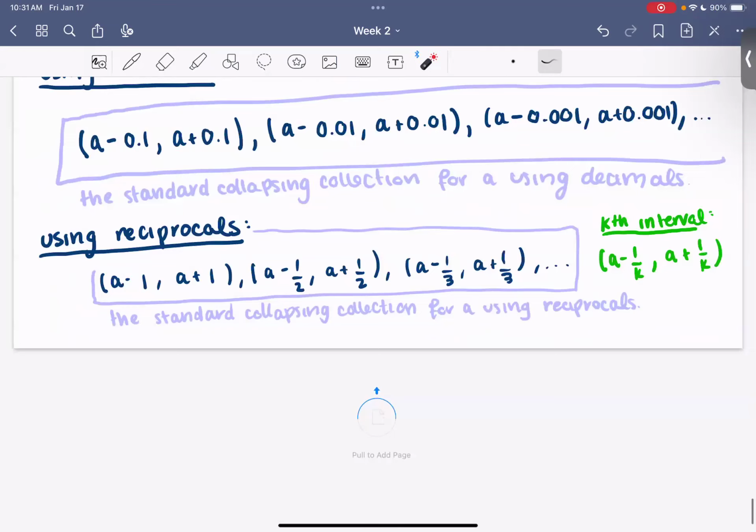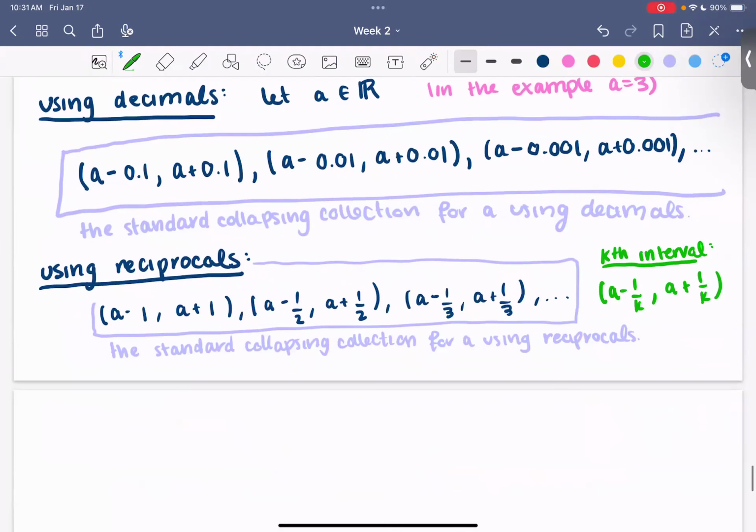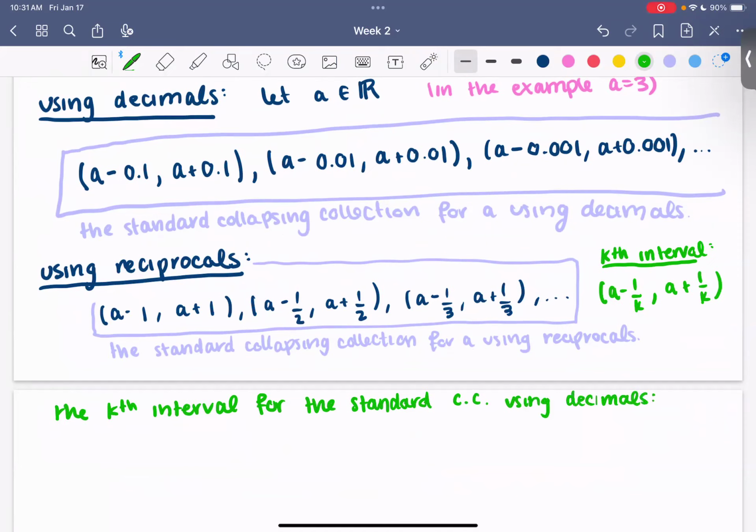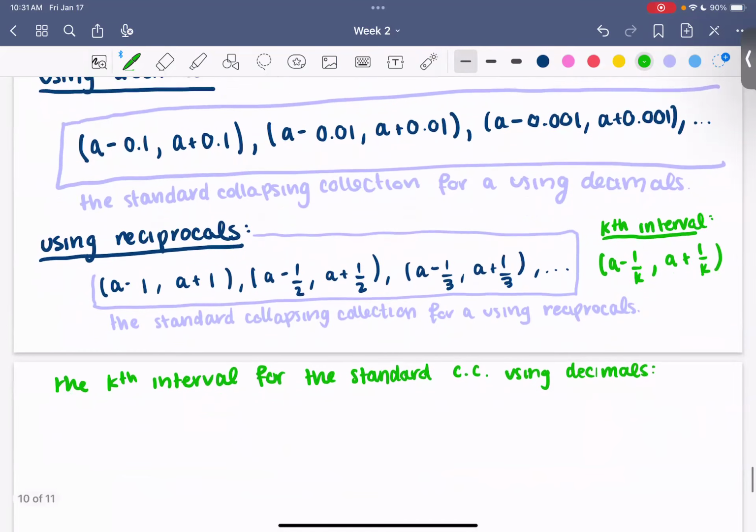So I need more space, so I'll just start over down here. So the kth interval for the standard, I'm going to abbreviate collapsing collection CC, using decimals. So here's how that would work. I'm going to rewrite the intervals using powers of 10 rather than decimals.